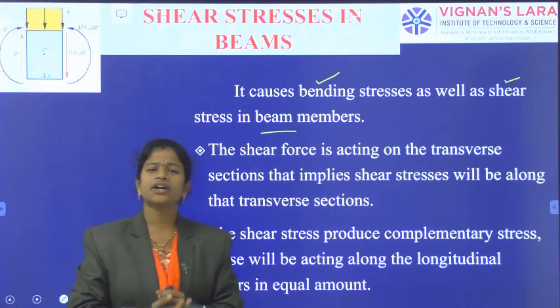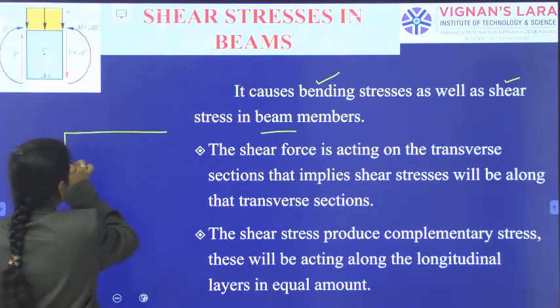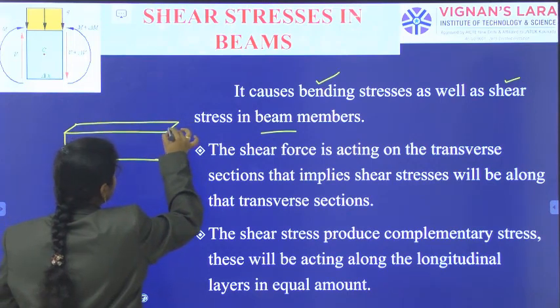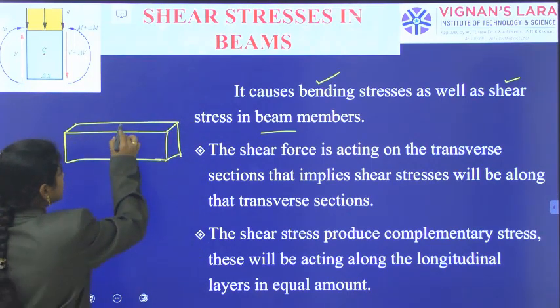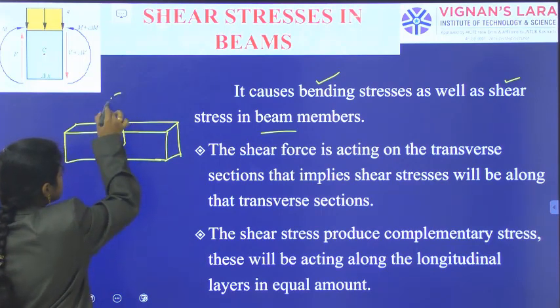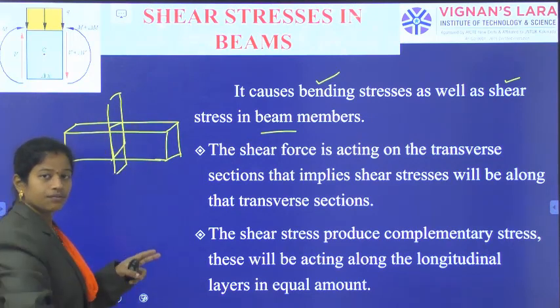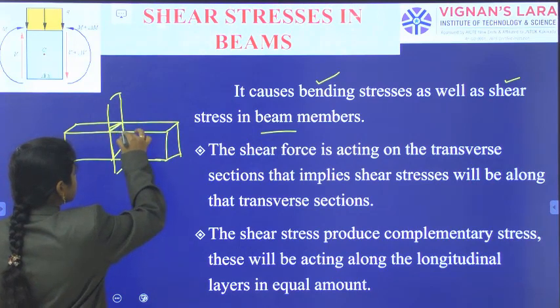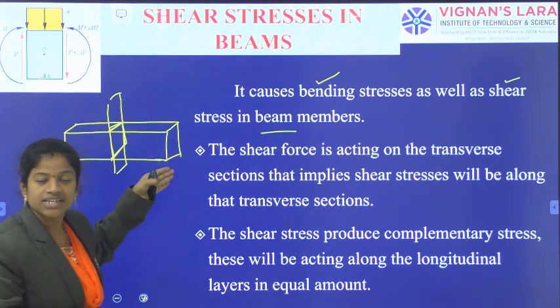So firstly, what is a transverse section? When we observe a beam member like this, and we cut the cross section with some plane, this is the cutting edge. When we cut that section and observe the cross-sectional view, that we call a transverse section.